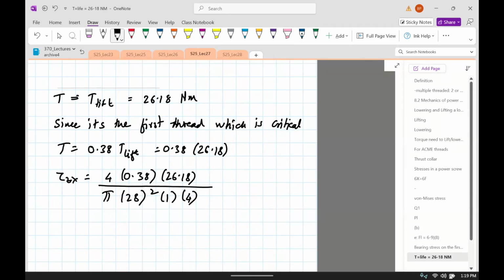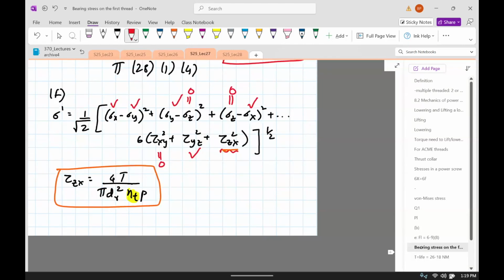Pitch is 4. Tau zx comes out to be 4.04 megapascals.